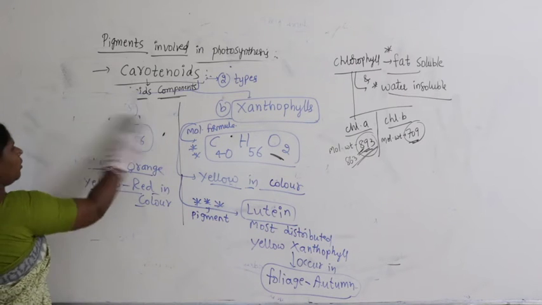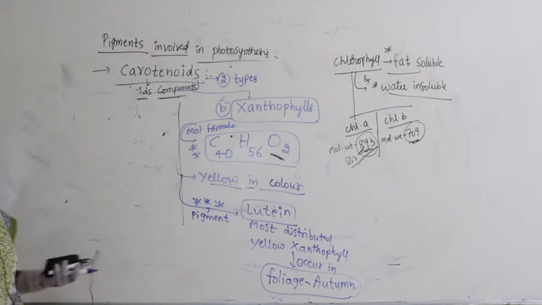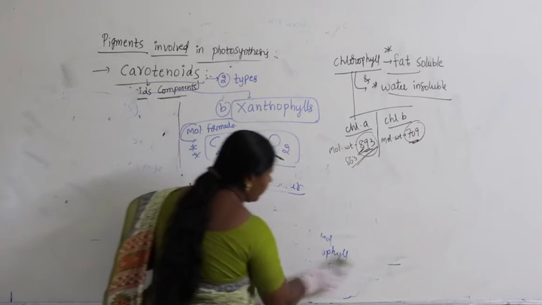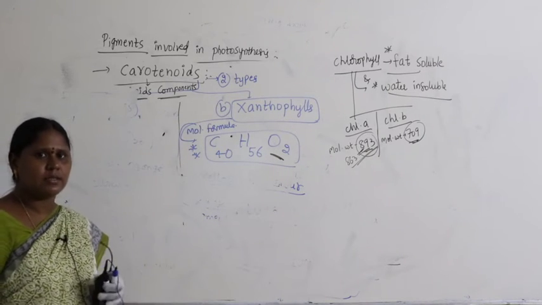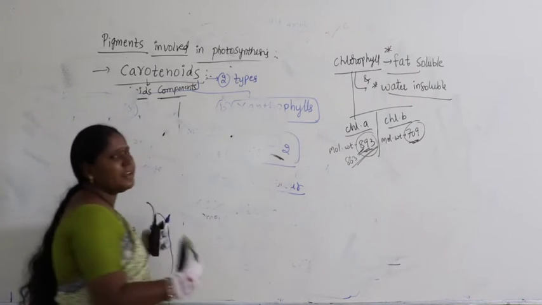Not only carotenoids, chlorophyll is also associated with other pigments like phycobilins. In lower prokaryotic organisms or photosynthetic bacteria we find other pigments, and in higher plants they are also present in trace quantity.